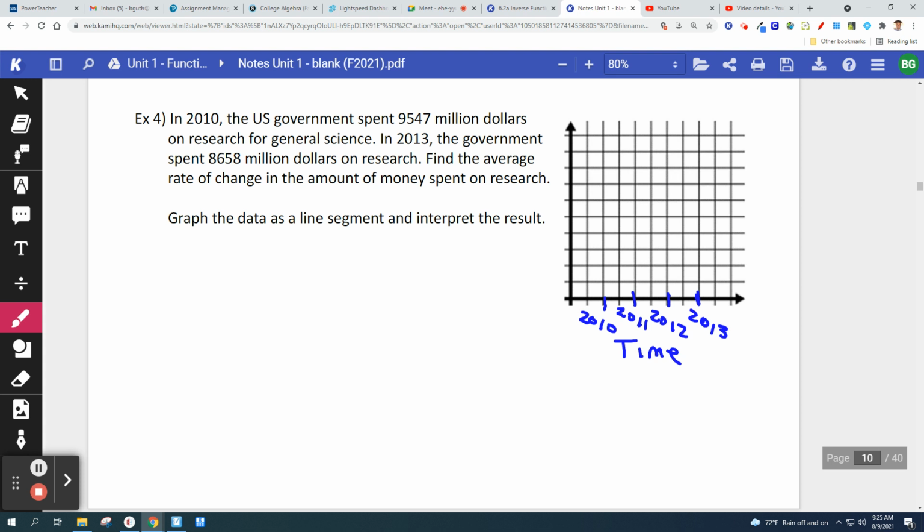Now the other number, the amount of money, that's a weird amount of money to think about, 9,000 million. So we're probably going to have the scale be in the millions. So what I'm going to do is I'm going to go up 1, 2, 3, 4, 5 right here, and I'm going to call that 5,000 million.